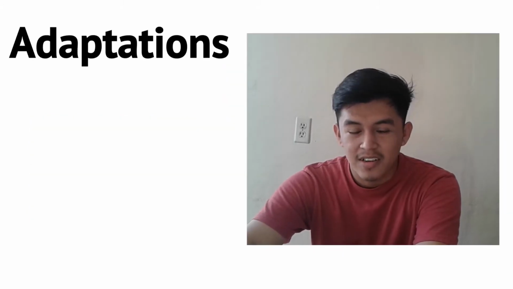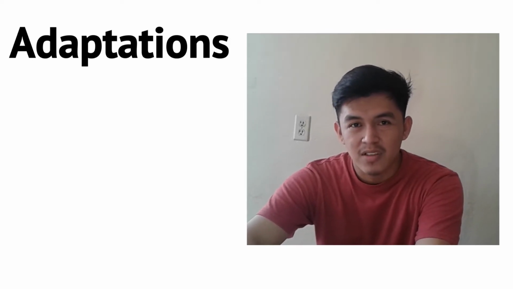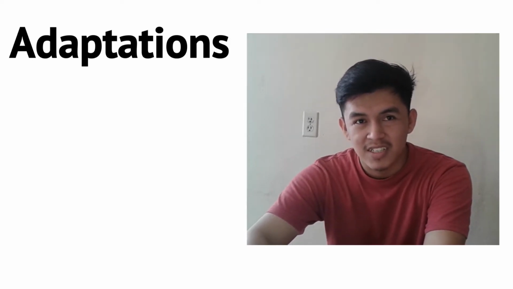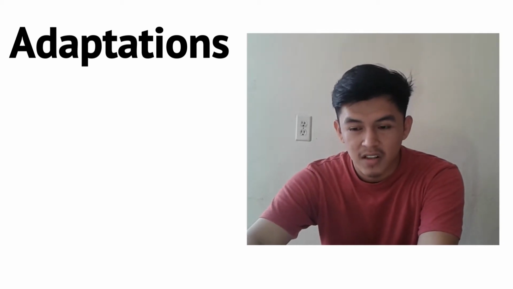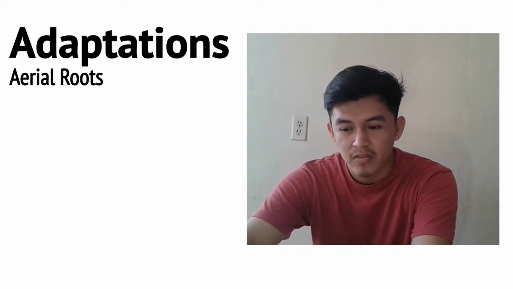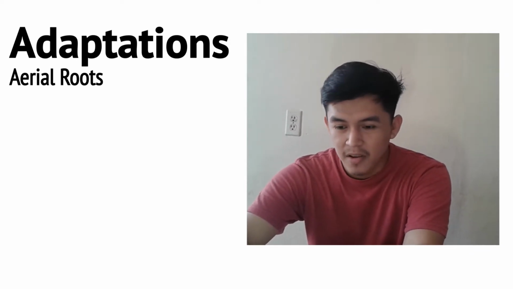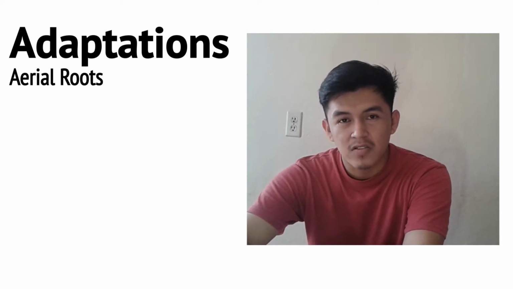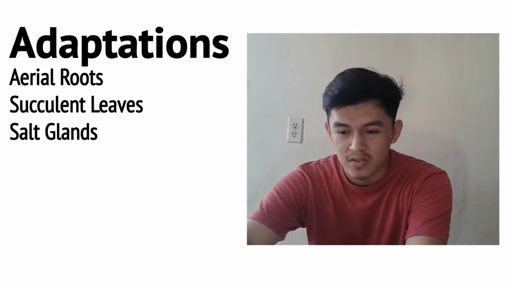Okay, so what are the adaptations of mangrove that allow it to survive in the conditions that it does? First and foremost, the mangroves have shallow roots that are widespreading, and these are aerial roots which allow for oxygen in low oxygen conditions. The mangrove also possesses tough and succulent leaves, which is essential for water storage.